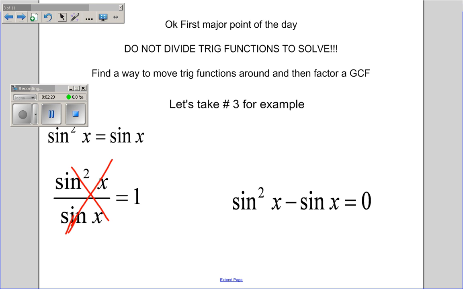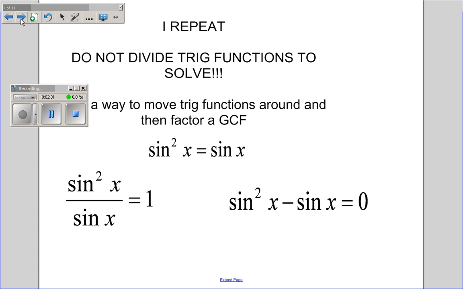This over here on the right is what you do first. I repeat, we get this every year: do not divide trig functions to solve. Just find a way to move them to one side without dividing. So again, this, no. This is your first step: move everything over to one side.